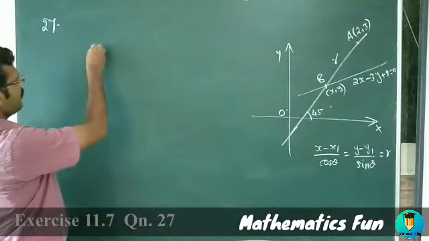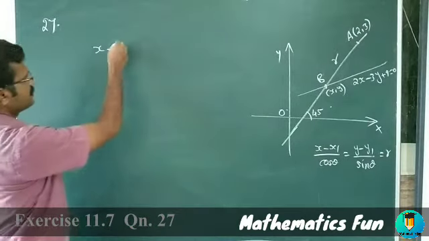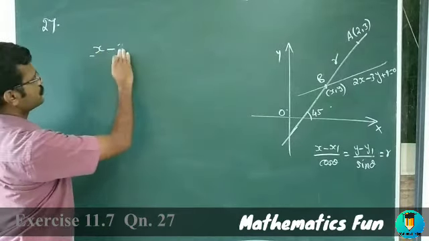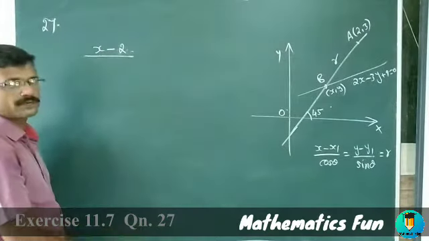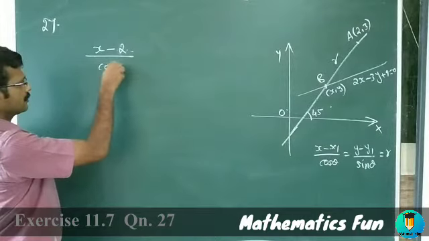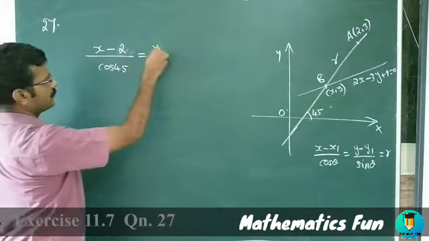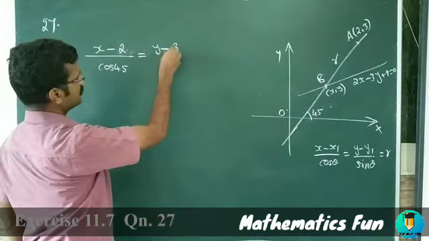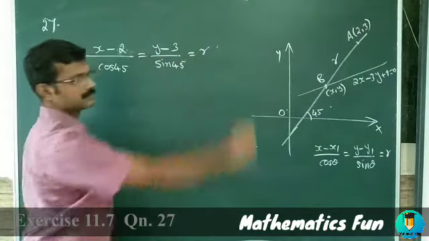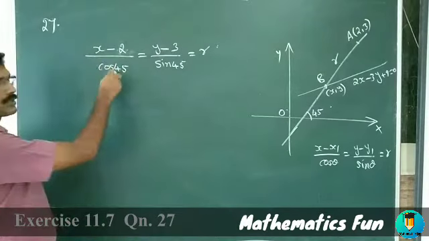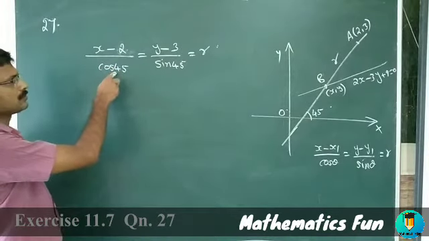So (x minus 2) divided by cos 45 equals (y minus 3) divided by sin 45 equals r. We know cos 45 is 1 by root 2.